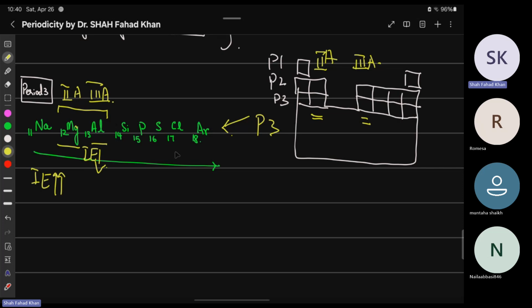And the second exception lies on the right-hand side. You remember nitrogen, oxygen, fluorine, the elements above it. So basically it's phosphorus and sulfur.